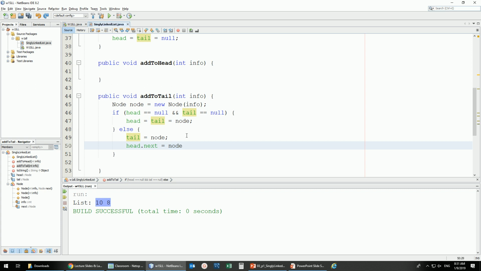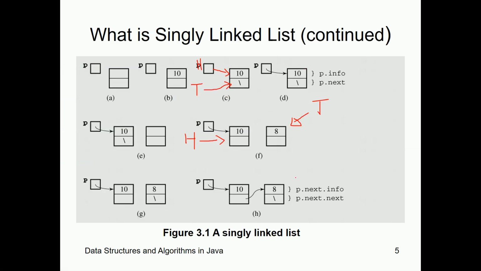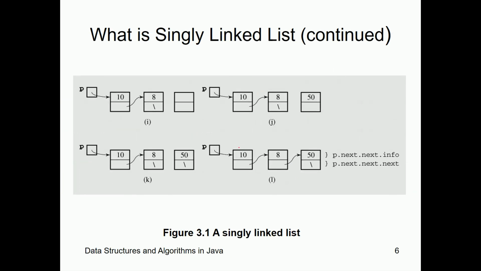But this is not the best way. Why? Because what if now I have the third one? Now if I have the third one, like this one over here, now this is my head. Sorry, let me just cancel. This is my head and this is my tail.